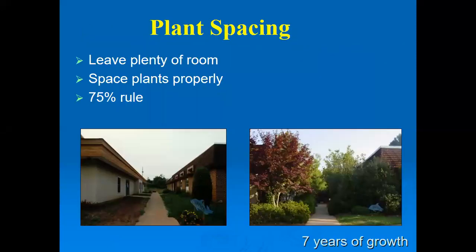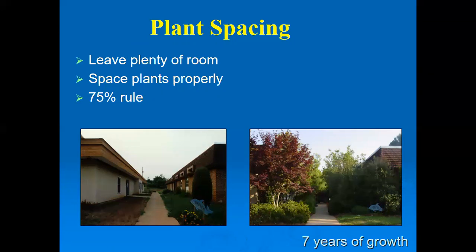Plant spacing: leave plenty of room, and space the plants properly. The 75% rule: space plants at a spacing that is approximately 75% of their mature growth. Or take a look at this right here. These are two landscapes at different times.